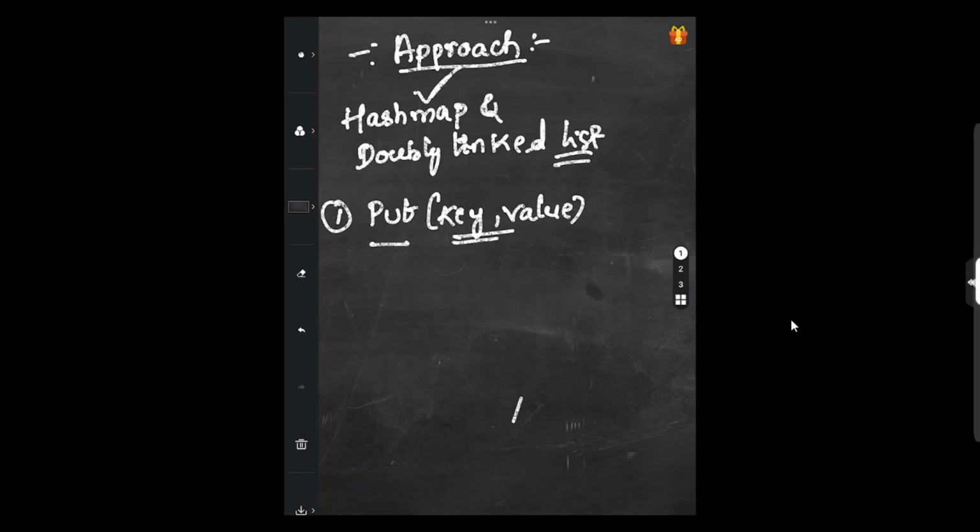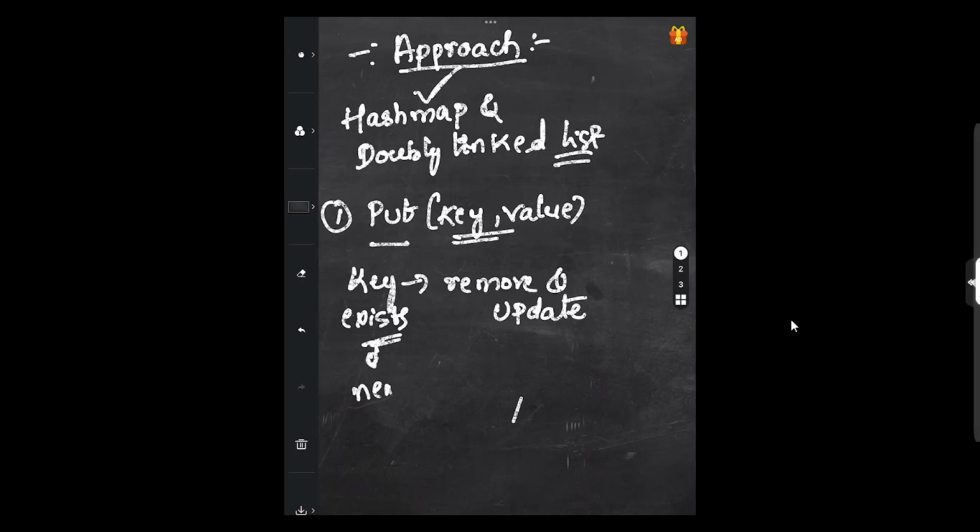If the key already exists, then we will remove and update its order. If adding the new key, if it exceeds the capacity, then what we will do?